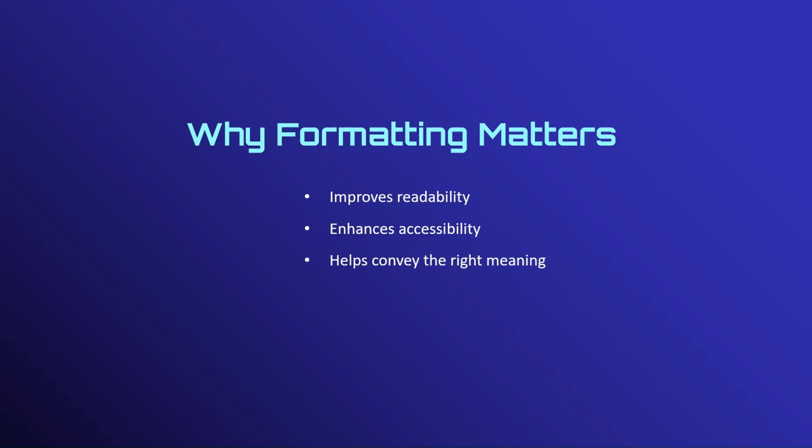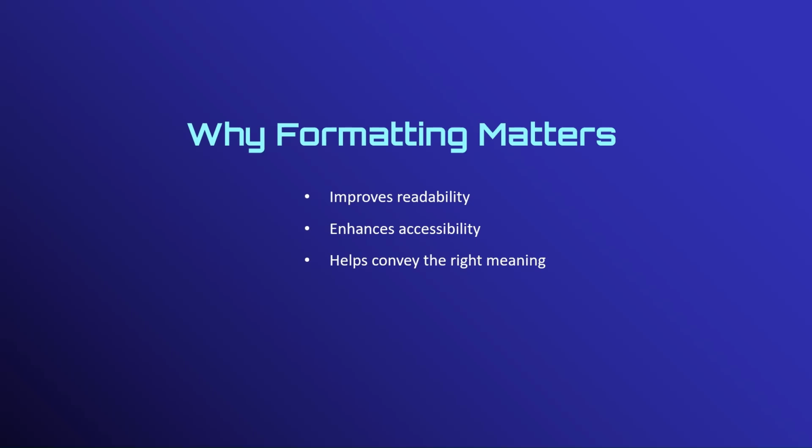Take for instance, when we format a particular document, sometimes we use the italic, sometimes we use the bold. These two formatting elements are also used in HTML formatting, which enables us to convey the right meaning of words or sentences to the audience or to the user of our website.